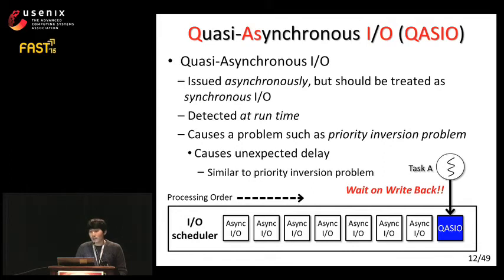QASIO is issued asynchronously but should be treated as synchronous I/O, and QASIO can be detected only at runtime, unlike sync and async I/O. Also, it makes the foreground task blocked for an unexpected amount of time, and this problem is similar to the priority inversion problem. This is the definition of QASIO.